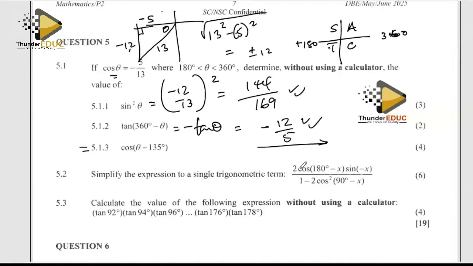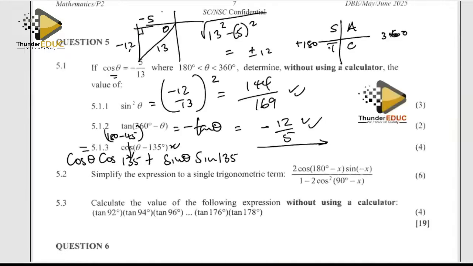And then the cos of theta minus 135. Let's expand this using the compound angles. That's going to be cos theta cos 135 plus sine theta sine 135. We know that 135 is in quadrant 2, which will be 180 minus 45, so we're going to reduce that.